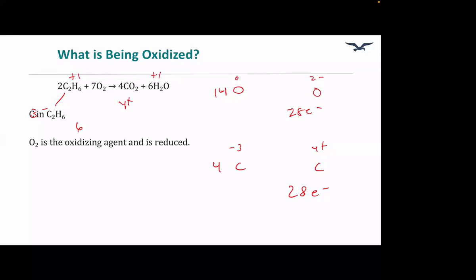The carbon in C2H6 specifically, you could say the C2H6 is being oxidized, specifically the element carbon is being oxidized. C2H6 is the reducing agent. When you talk about the agent, it's the compound. You don't say carbon is the reducing agent. It's C2H6 is the reducing agent.